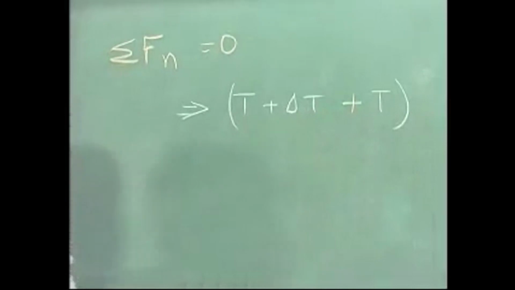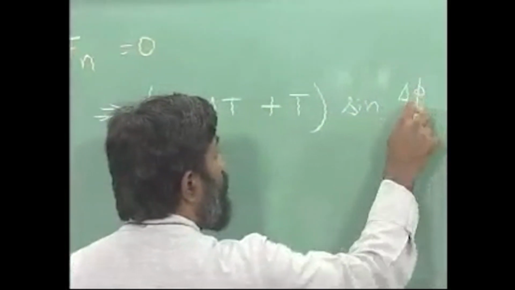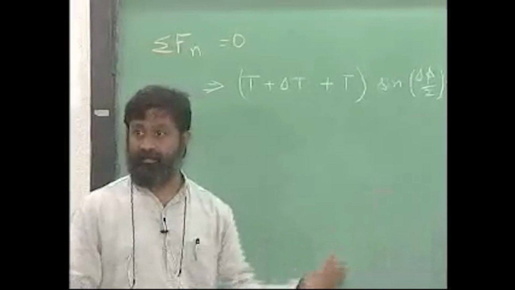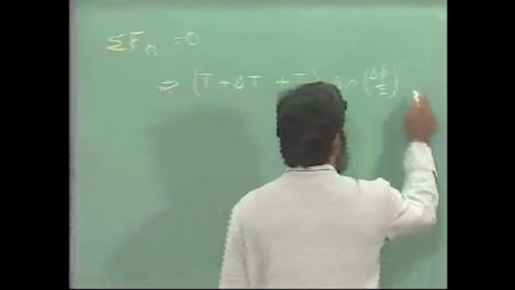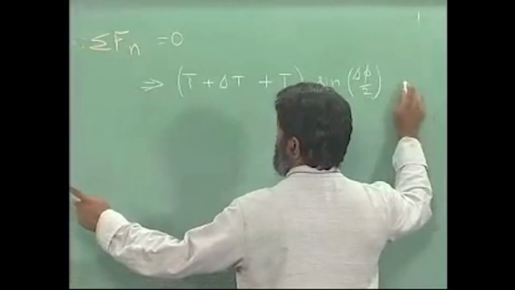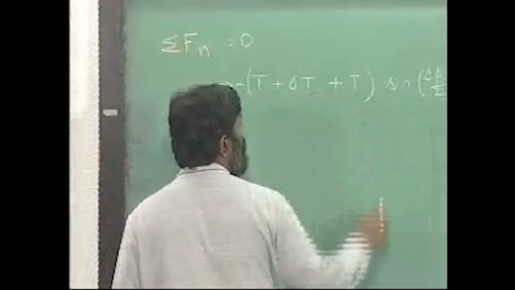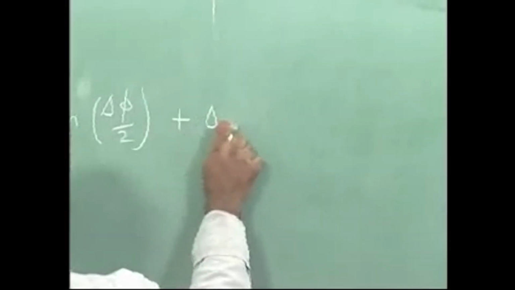The answer is plus, sine delta phi by 2. So we have written the component of the tensions, and what remains is the normal, which directly acts on it. This direction is negative due to tension and the other one is positive, plus delta n is equal to 0.